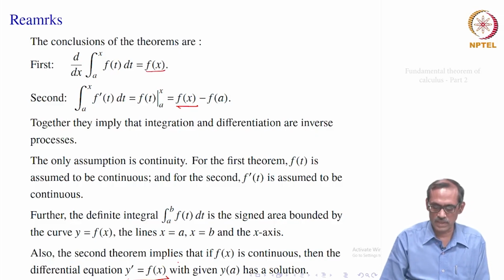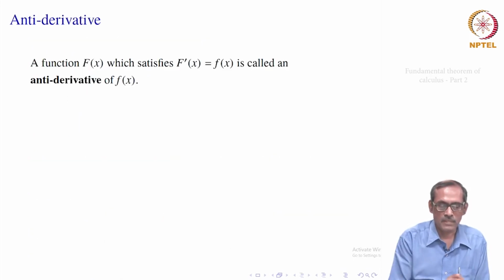So the function should be the integral. Once the integral is there, you would come back to F(x) minus F(a), where this F(a) is given, that is y(a). So F(a) is given, therefore you can always solve this differential equation to get at least one solution. We will see how it is applied later.